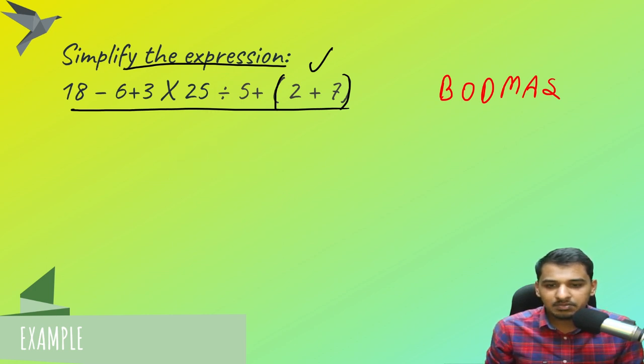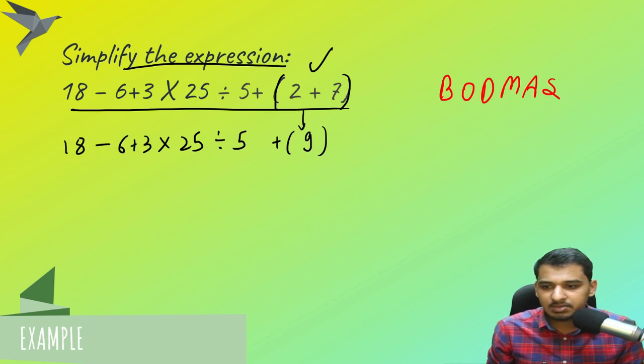So let me just rub this and write 9 here. Plus 5. 25 into, and you have to write all the numbers as it is. Okay, once you are done with the bracket, write all the numbers as it is. You don't have to do anything. Now, does the bracket contain any more operations? Okay, we have performed 2 plus 7. Are any more operations there inside bracket?